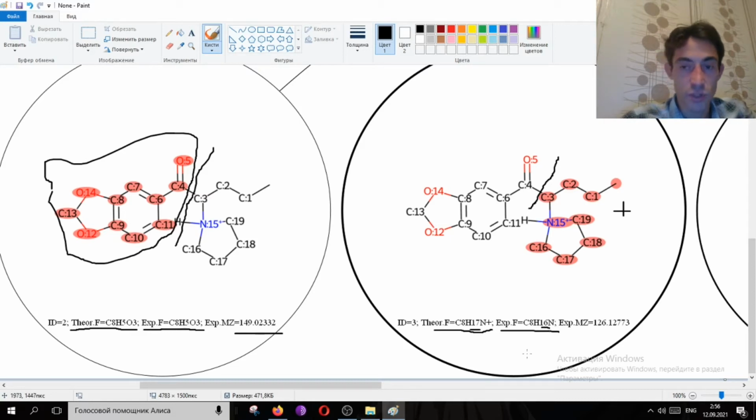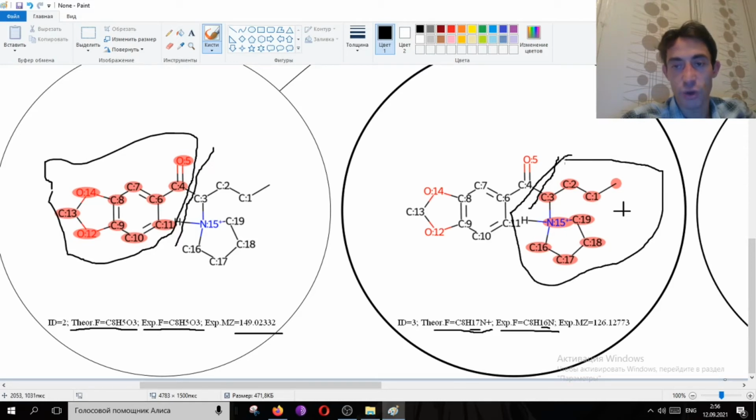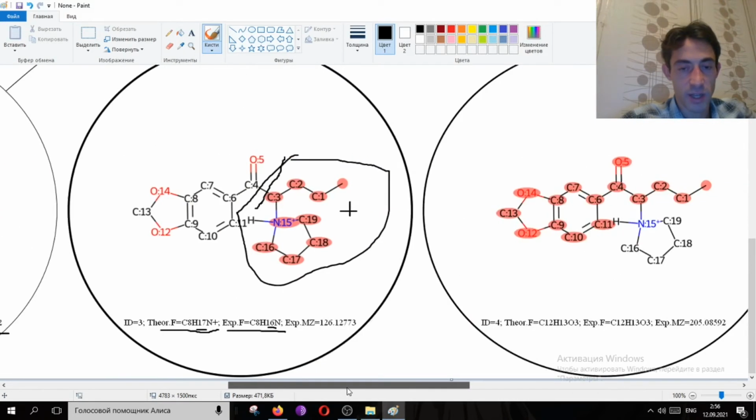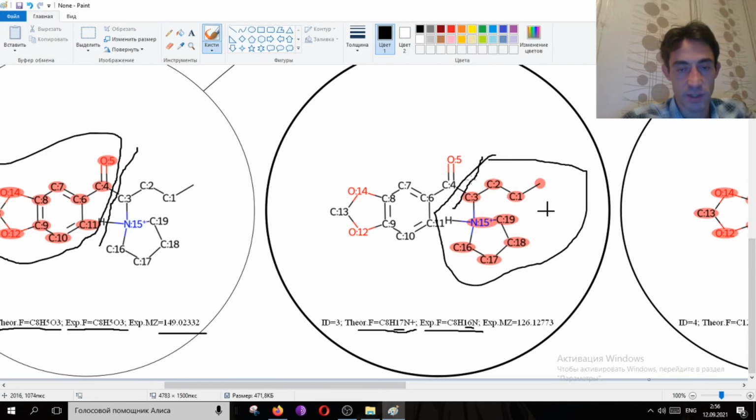Why? Because in PyFragMS it is allowed that the theoretical formula, say the formula of this fragment, could differ from the real experimental formula by one hydrogen. Why? This is to allow for possible formation of protomers and for hydrogen scrambling, hydrogen migration, because hydrogen is a labile atom. It could move between fragments, and sometimes it happens. So this is why sometimes those formulas do not exactly coincide.